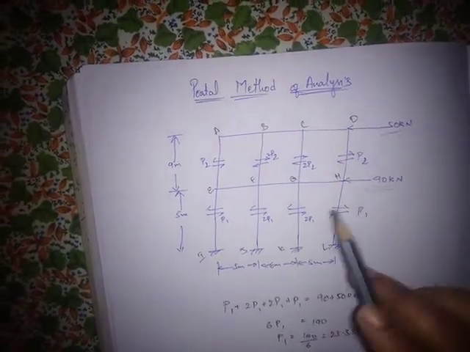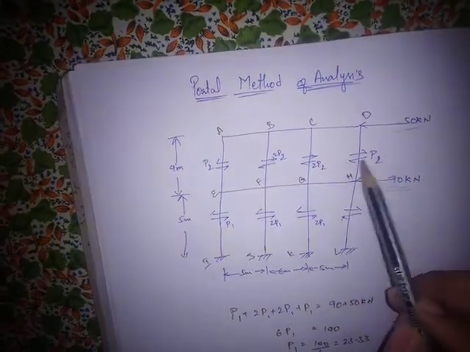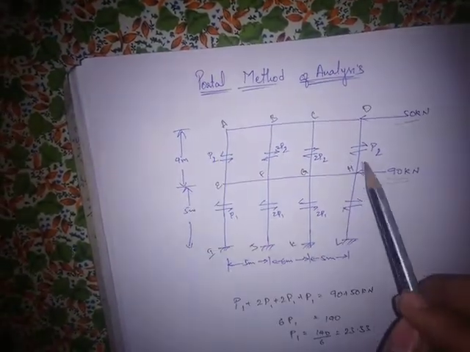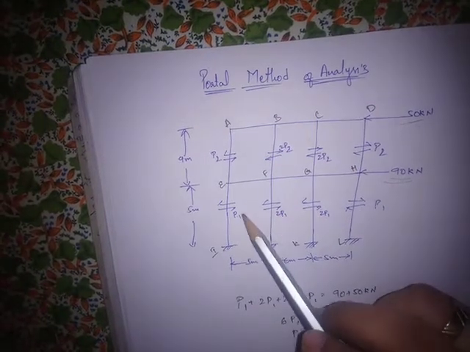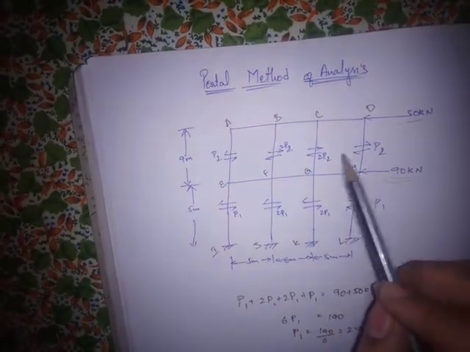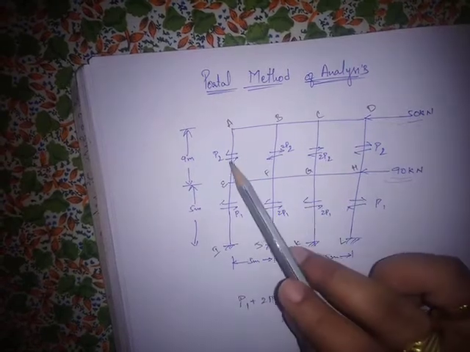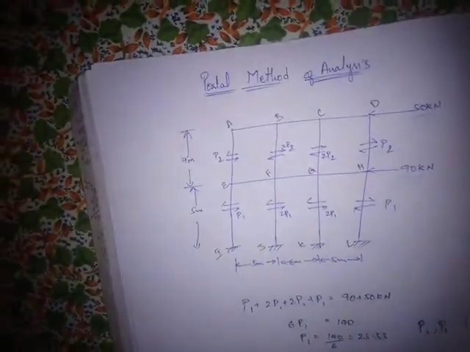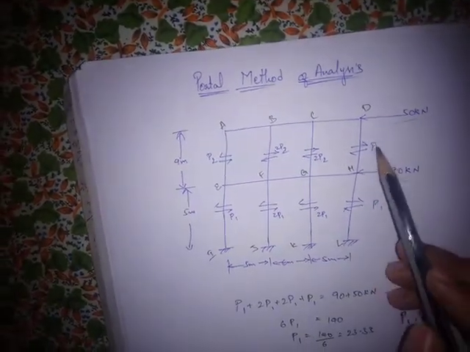In this portal method, first we are going to calculate these values of P: P1, 2P1, 2P1 and P1, and P2, 2P2, 2P2 and P2. What are these P2s and P1s? These are the column shears.